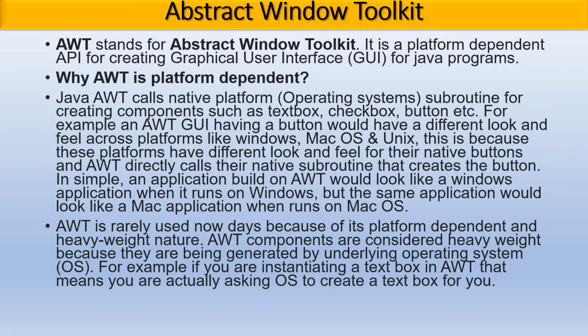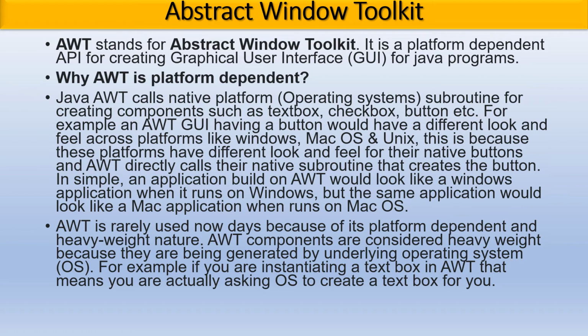For example, an AWT GUI having a button would have a different look and feel across platforms like Windows, Macintosh or Unix. This is because these platforms have different look and feel for their native buttons, and AWT directly calls their native subroutine that creates the button.